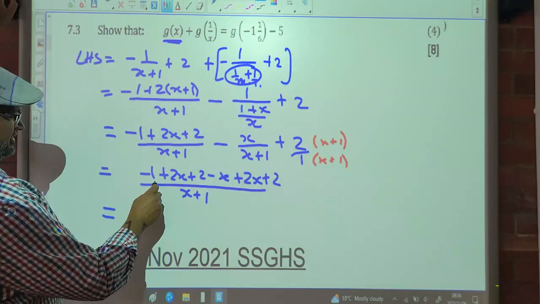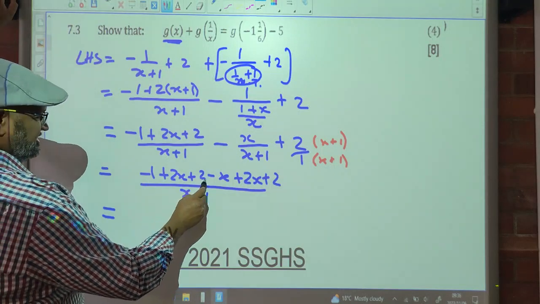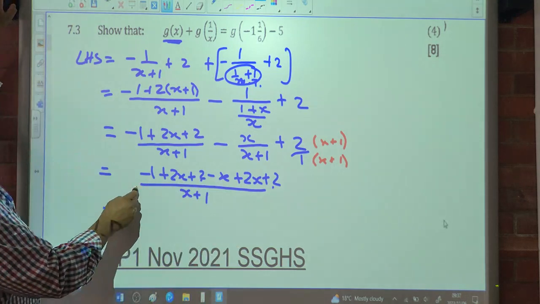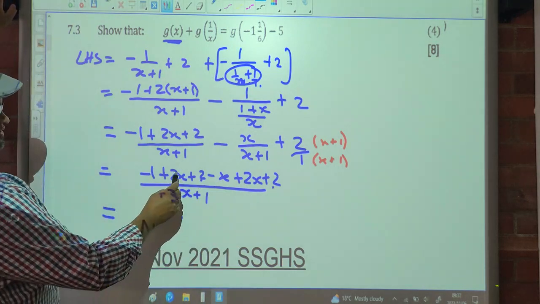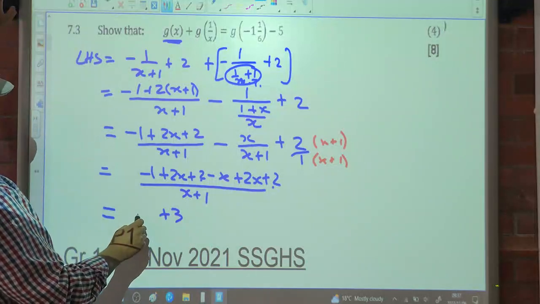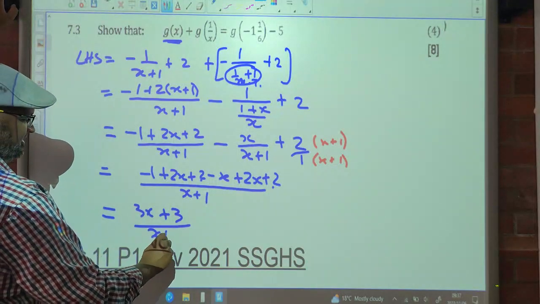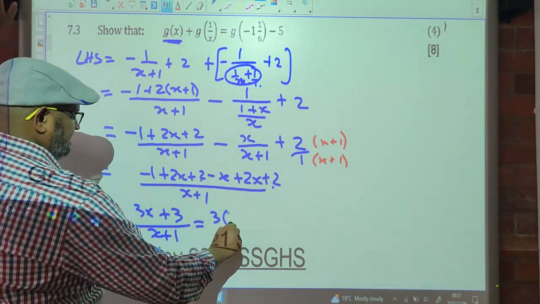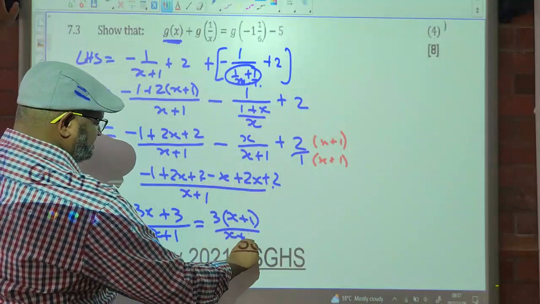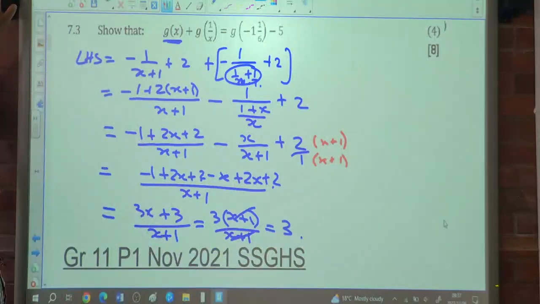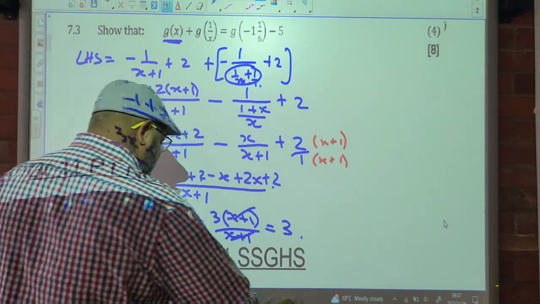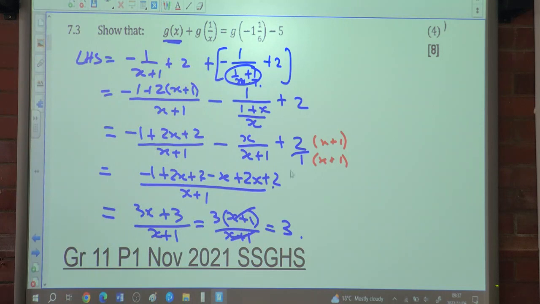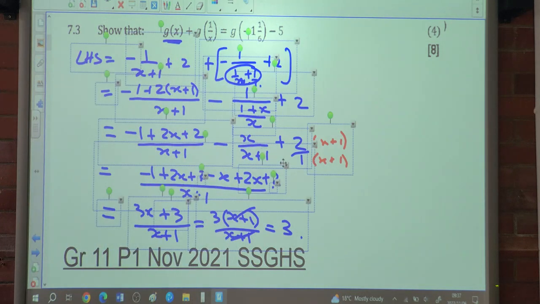So that's going to give us 4 minus 1 is 3. 2x plus 2x is 4x minus x is 3x, and this over x plus 1. So what is common here on top? 3. So I'm left with x plus 1 over x plus 1. That cancels, leaves you with 3. So if I can prove that the right hand side is also 3, I've done the job. So now let's look at the right hand side. I'm going to pull this over a bit.